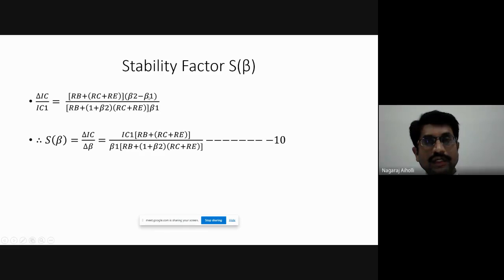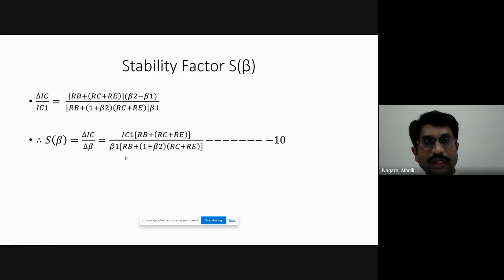Taking it to the RHS, delta IC by delta beta is equal to IC1 multiplied by RB plus RC plus RE, divided by beta 1 into RB plus 1 plus beta 2 into RC plus RE. This is the equation for S of beta for the collector feedback bias circuit.